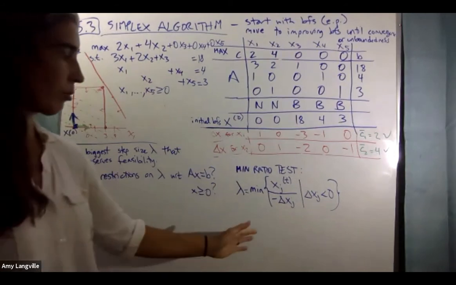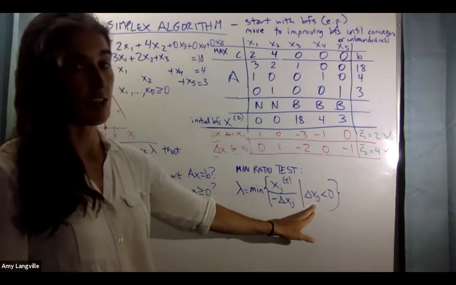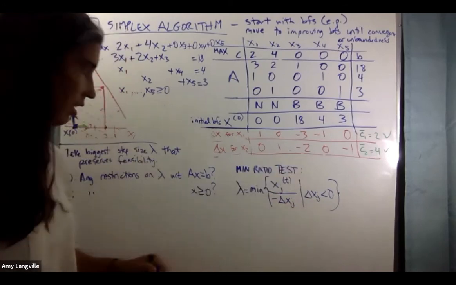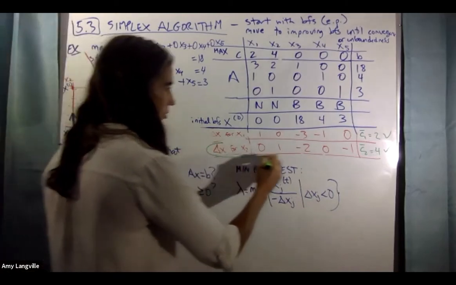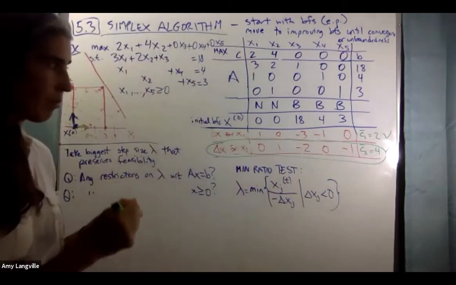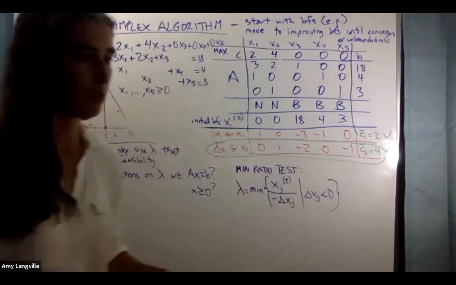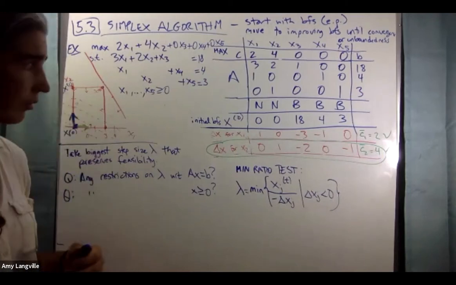Okay, so that's where this minimum ratio test comes from. It says only worry about the delta xj's that are negative. So let's say we're just focused on this one, because maybe we're greedy and we said they both improve, but this one has the most initial local improvement. So let's go with that one.